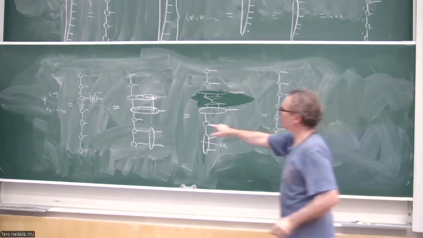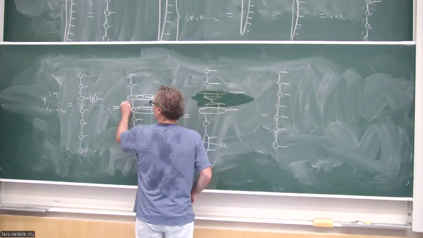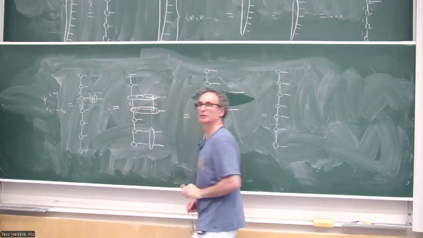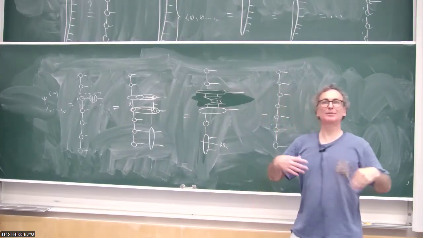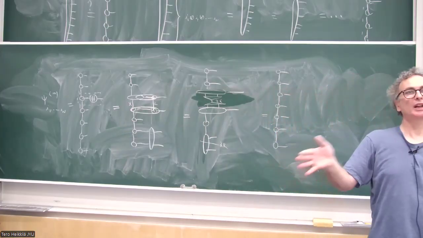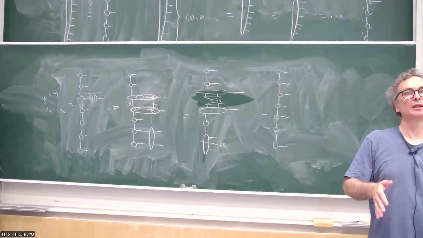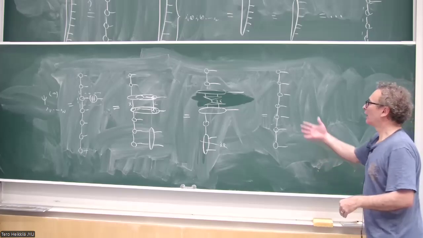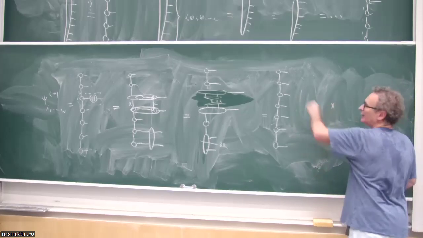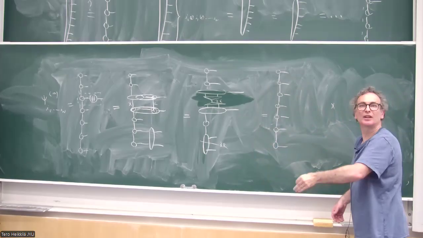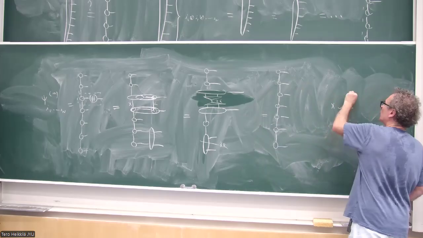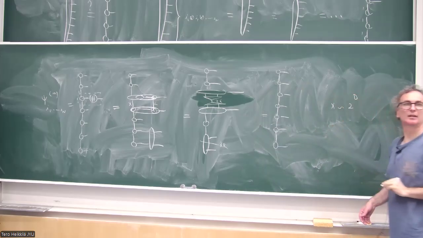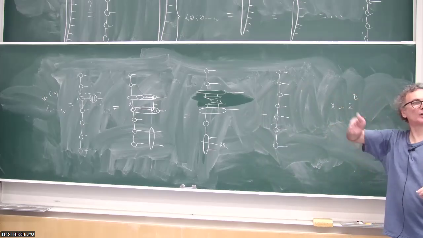You see it actually here. If you have a bond dimension chi and here a bond dimension 2, the biggest you can have here is 2 chi. So it can at most double each time you apply a gate. So if you apply a 2-qubit gate on every single one of these bonds, you will get a bond dimension which is 2 to the power of the depth, which is the number of layers, not the number of gates.